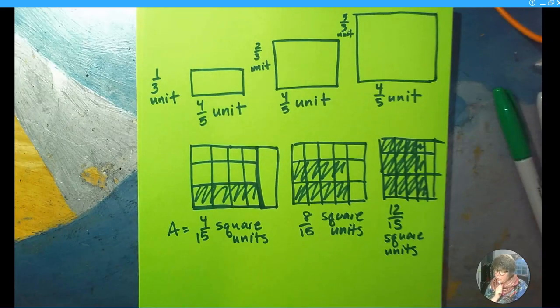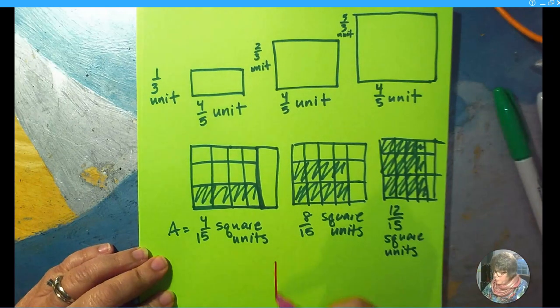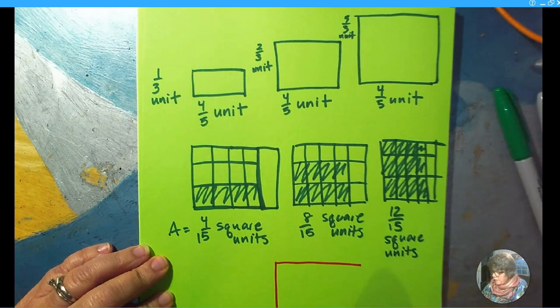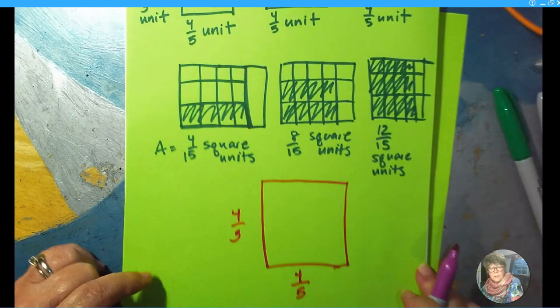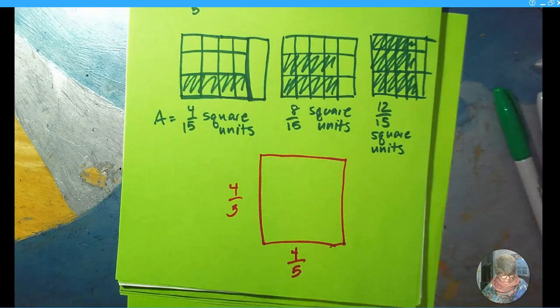What if I had a rectangle that was 4/3 by 4/5? Instead of 3/3, if I went up by one more third. Sorry, I think I might have said 4/15. Let me get that on the screen for you: 4/3 by 4/5.